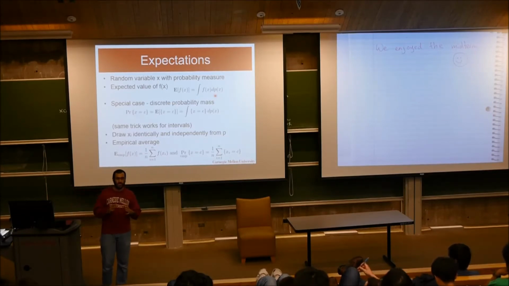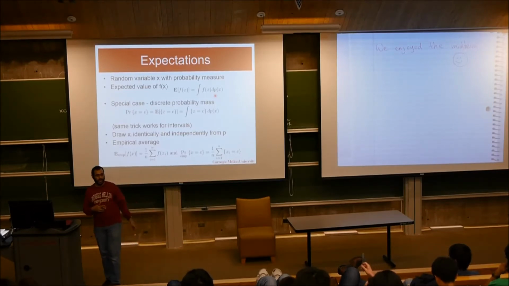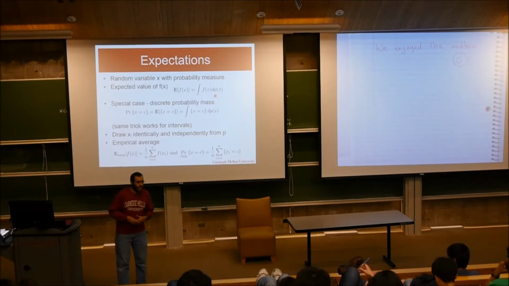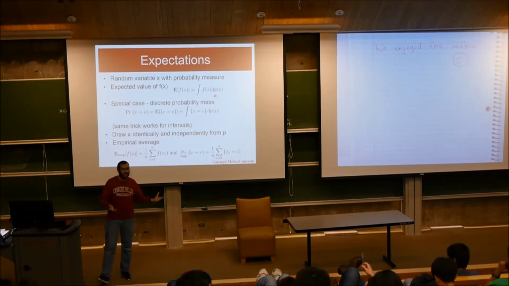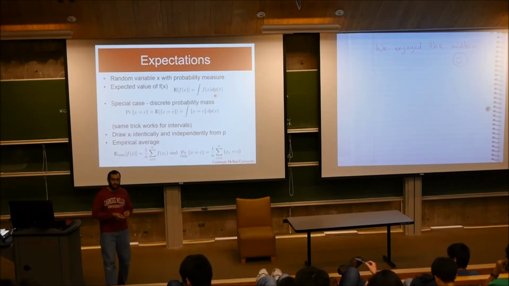You don't want to prove things twice, once for continuous random variables and once for discrete random variables. And some variables can be neither continuous nor discrete. So this is a general way to express expectation regardless of the nature of the random variable.